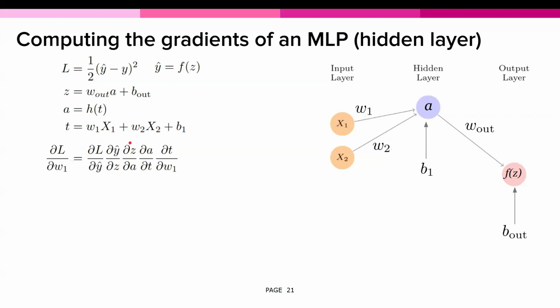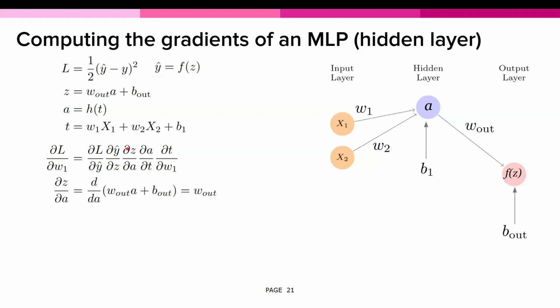But now we need to do the partial derivative of z with respect to a, and then a with respect to t, and then t with respect to finally w1. We know how to compute the partial derivative of L with respect to y hat, and y hat with respect to z, so we don't need to go through those again.